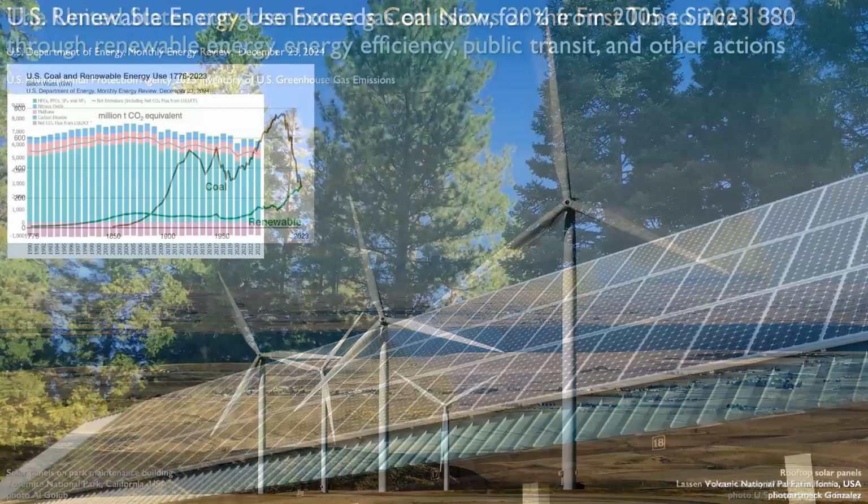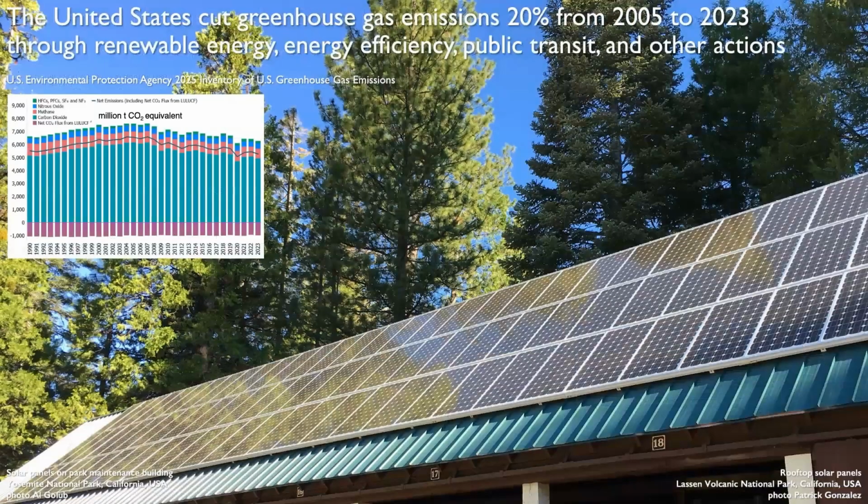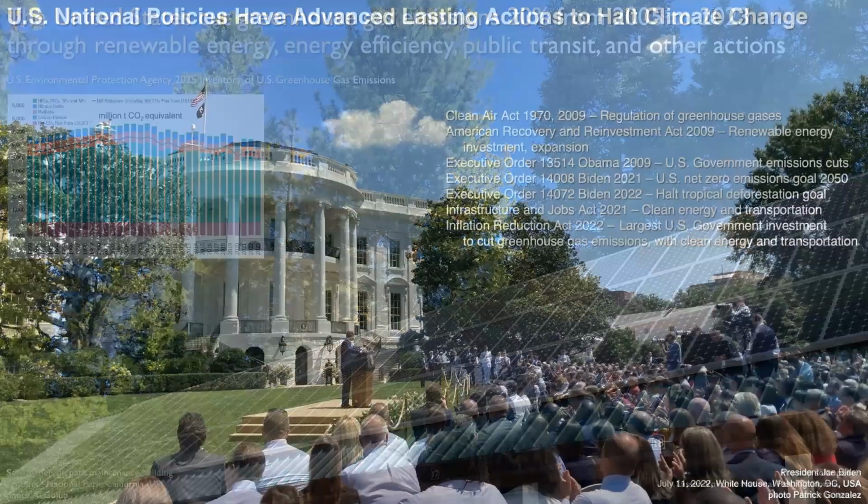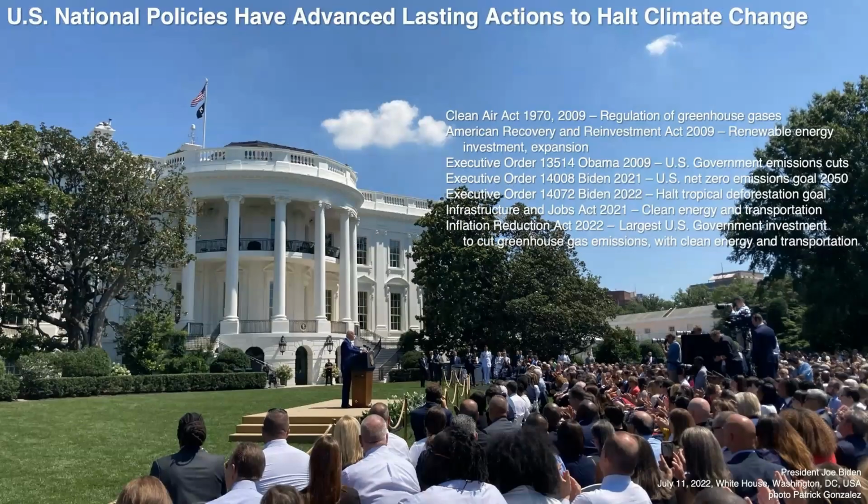Okay. So in the United States, we've cut our emissions 20% since 2005, including with this solar panel in Lassen Volcanic National Park. And a lot of that has been driven by forward-looking policies.